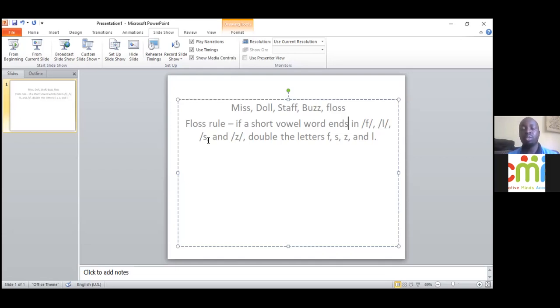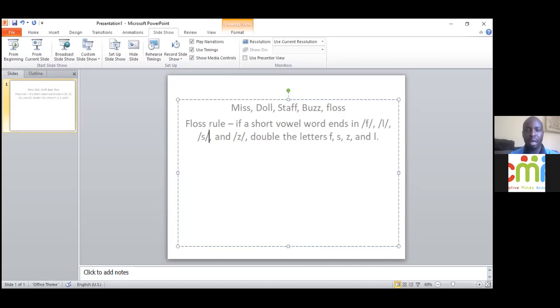The same rule is used for words like doll. When you have the word doll, it ends in letter L or sound l, it has a short O sound, and it has only one syllable, so we have to double the letter at the end. So here you are going to read more about the Floss Rule.